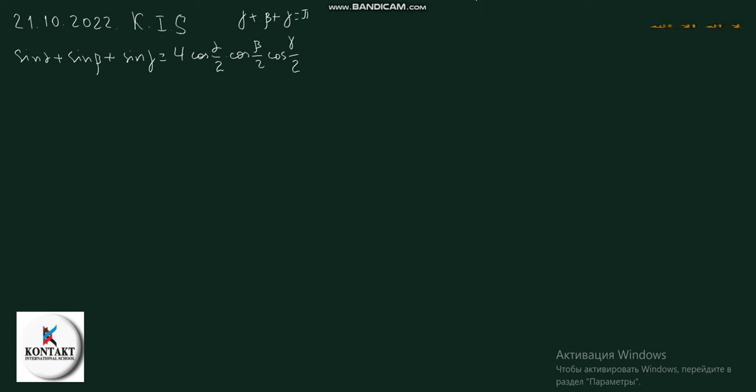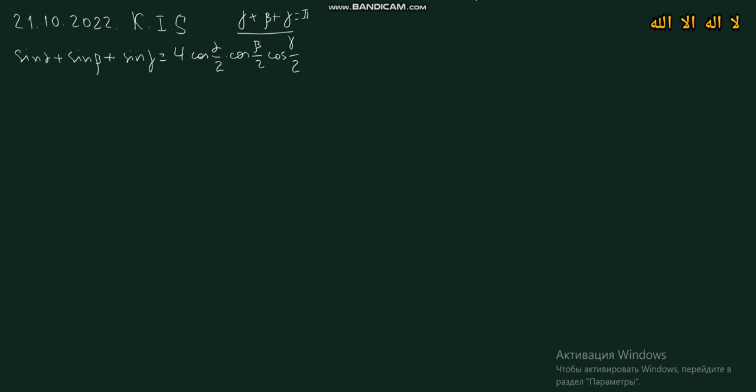So it's simplifying of trigonometric expressions, also proving the trigonometric identities. Please pay your attention to our given example. If alpha plus beta plus gamma equals pi, or 180 degrees, we may say that alpha, beta and gamma are the angles of a triangle.